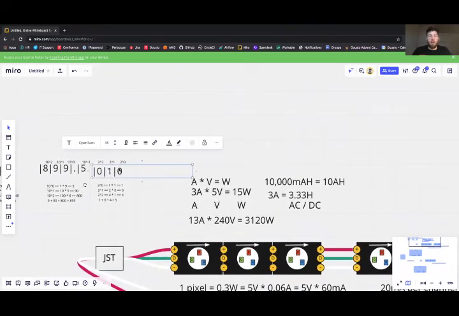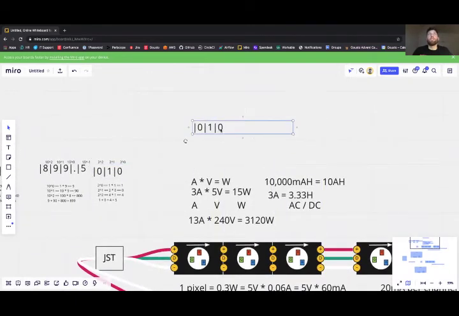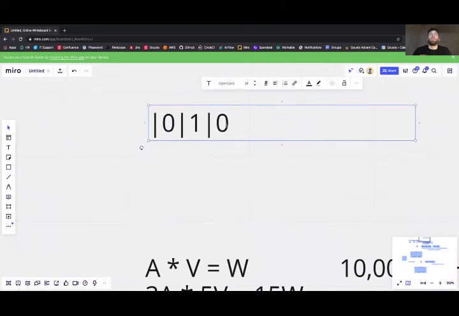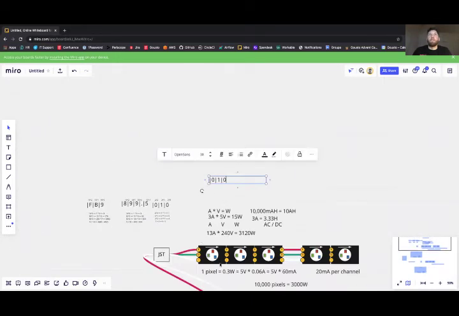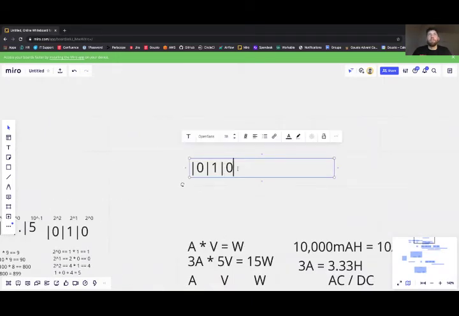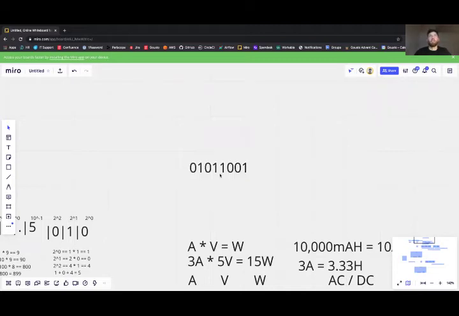So let's make a string of binary numbers. Now, it just so happens that these chips are 8-bit chips. What does that mean? That means you get 8 binary numbers. 1, 2, 3, 4, 1, 2, 3, 4. Okay. So that is one 8-bit binary number, also known as a byte, 8 bits to a byte.